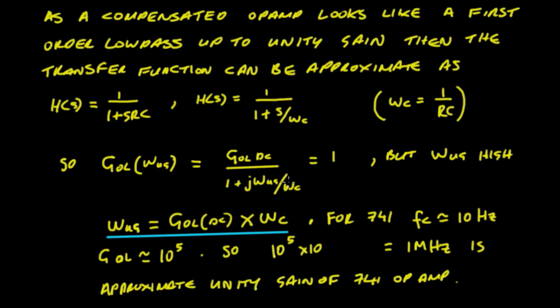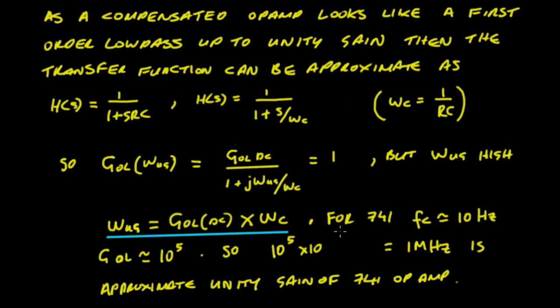So as this omega unity gain dominates, it'll dominate this value for omega c. So we can take this up to one side here. So the omega unity gain is just going to equal the open loop DC gain times the omega c.